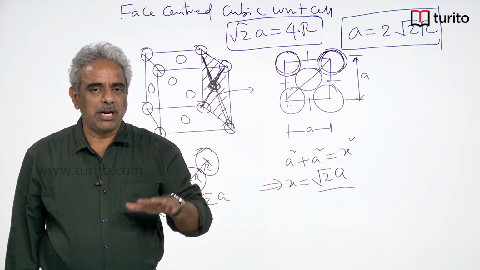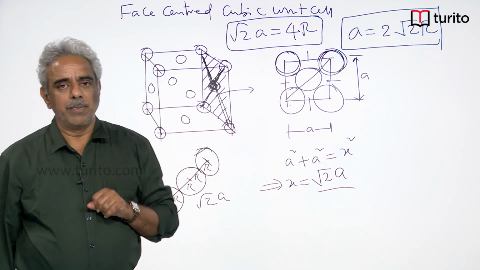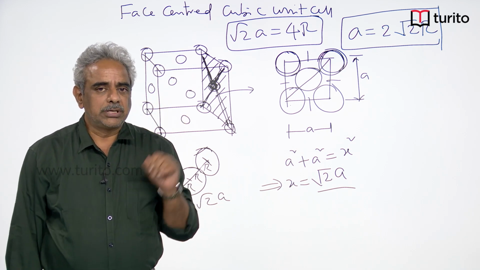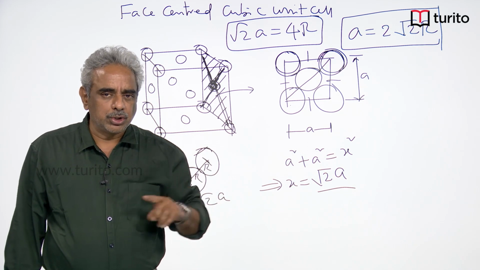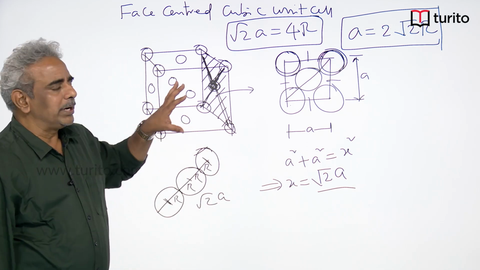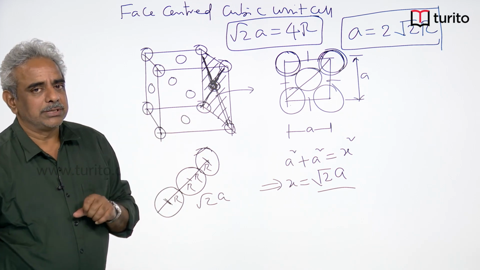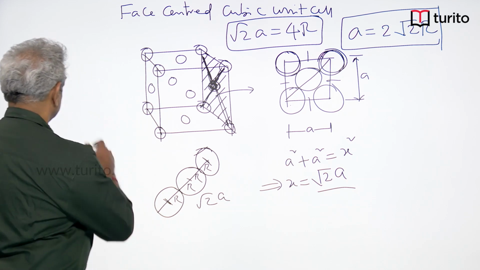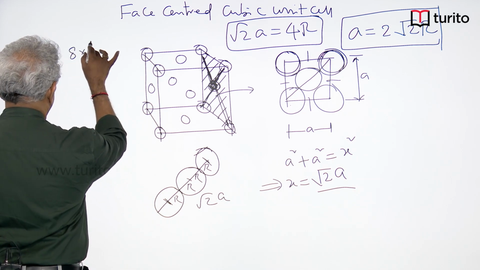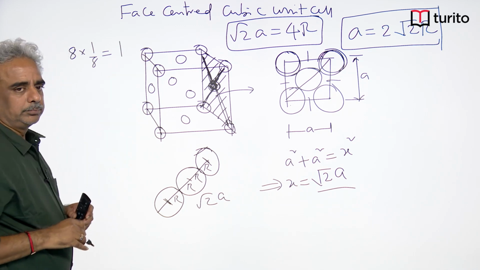Now what else is left? Number of atoms per unit cell are how many? This calculation we have been doing many times. How many atoms are there in the corners? 8 atoms. 8 into 1 by 8, 1.